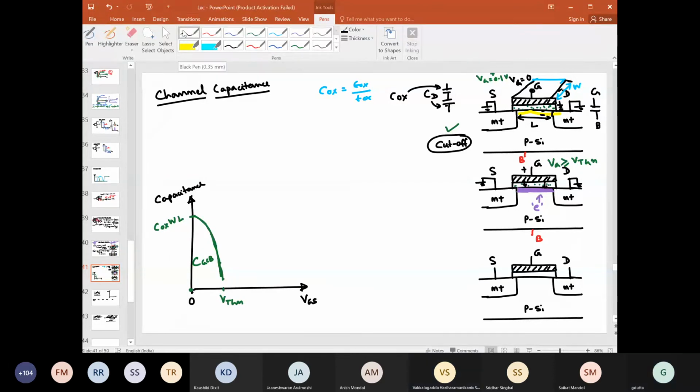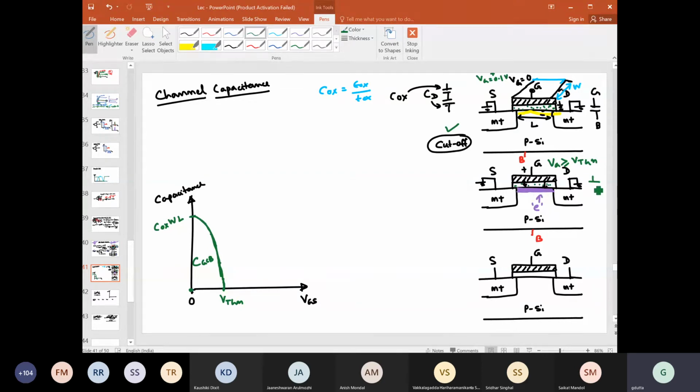So what I was telling is that this capacitance CGCB will fall, and at threshold voltage, as the channel appears, it will completely become zero. Fine. But then after that, what will happen to this channel capacitance? As this channel has been created and is connected with both the source side and the drain side, the total capacitance is Cox W by L, because now the channel has formed.